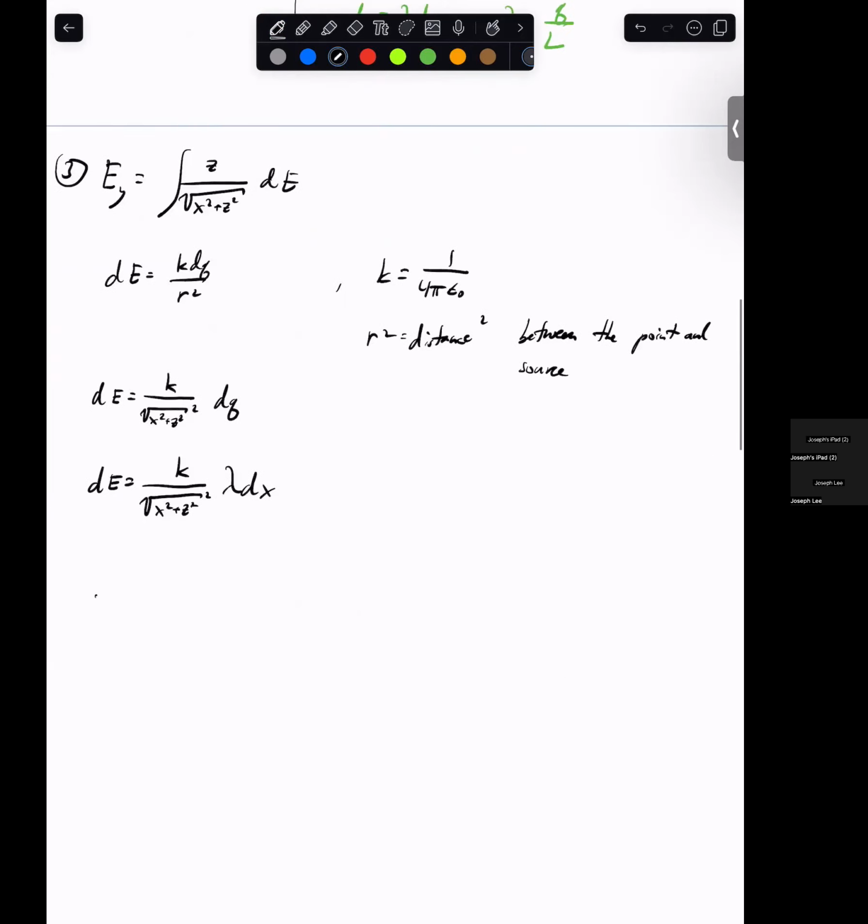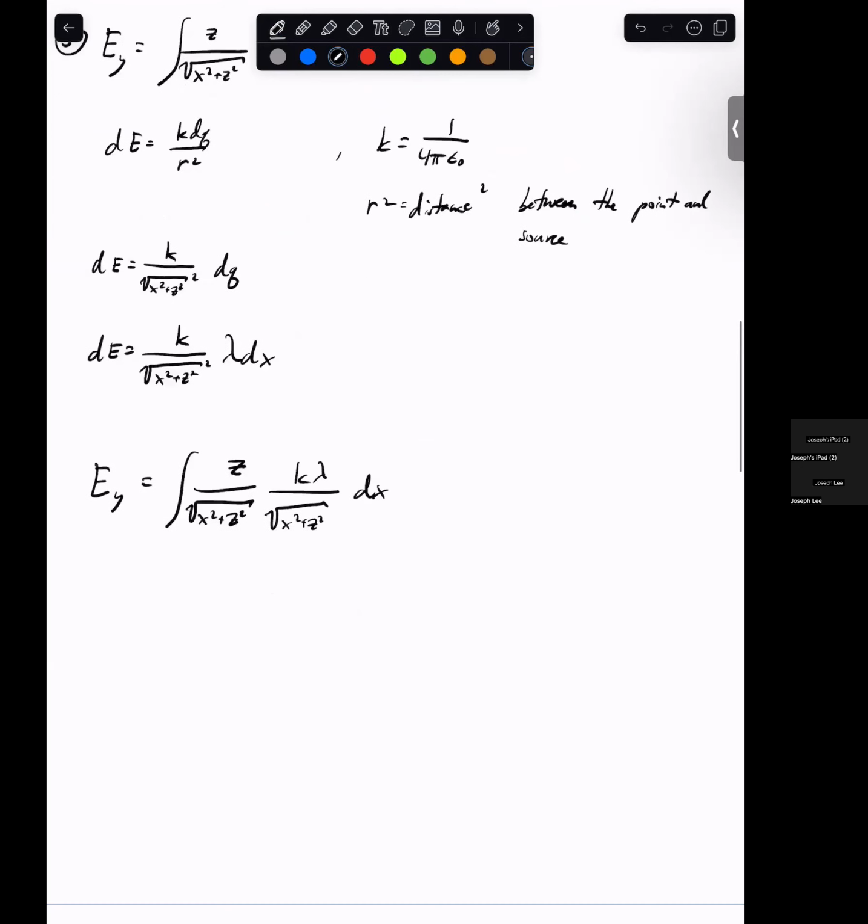So now we can make our substitution into the integral. k lambda over the square root of x squared plus z squared, squared, dx. And before I set the bounds, I'm just going to simplify this a little bit. There should be a squared here, sorry.